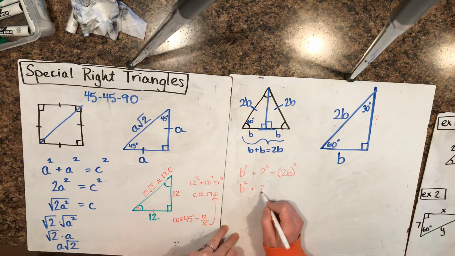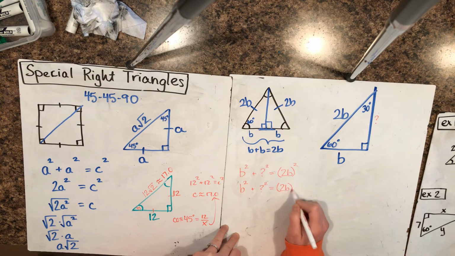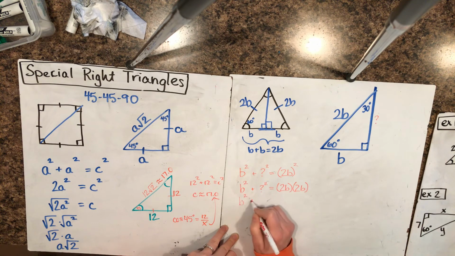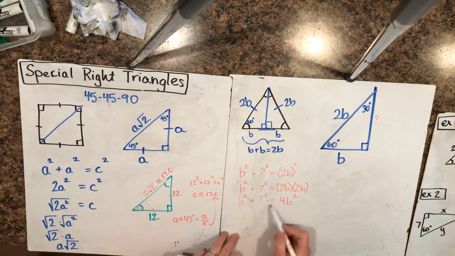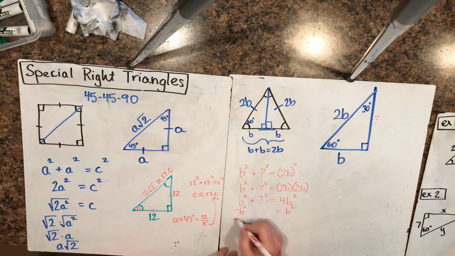Plus, we don't know squared, is equal to, now when I square this, remember it's times itself. 2b times 2b is 4b squared. And I'm trying to get this question mark by itself. I'm going to subtract b squared from both sides. 4b squared minus 1b squared, those are gone. So question mark squared is equal to 3b squared.